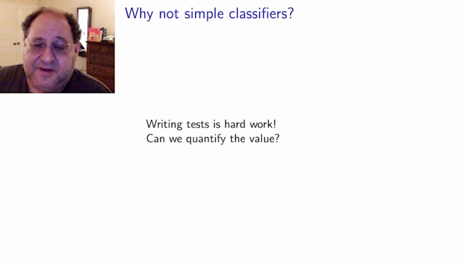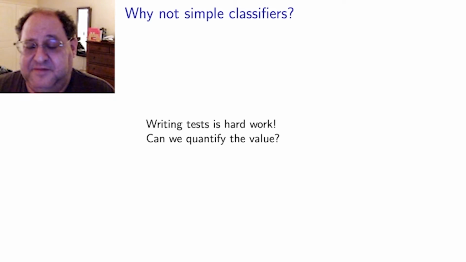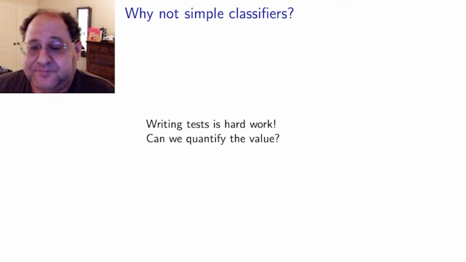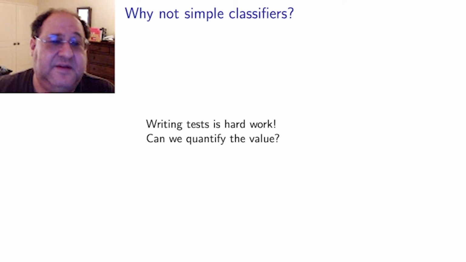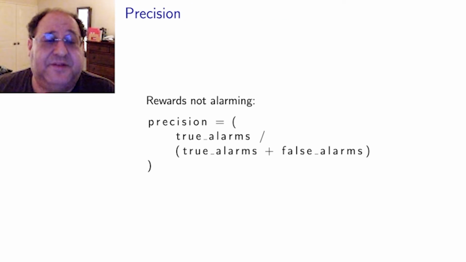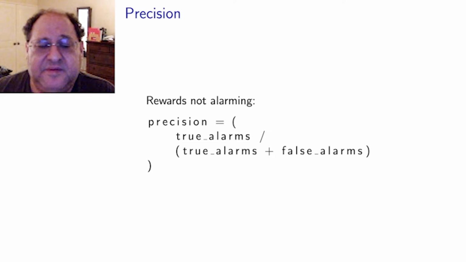This is where thinking of tests as classifiers is really useful, because there are well understood ways to measure the value of classifiers. One metric is precision. Precision rewards not alarming when you shouldn't. That's dividing the true alarms by the true alarms plus false alarms. You might want to add a +1 to make sure that you don't have a divide by 0 error.